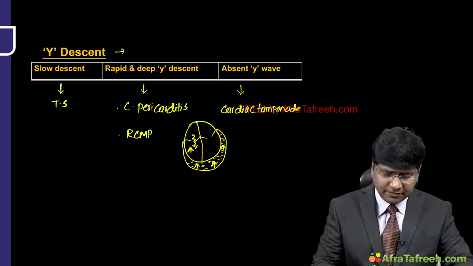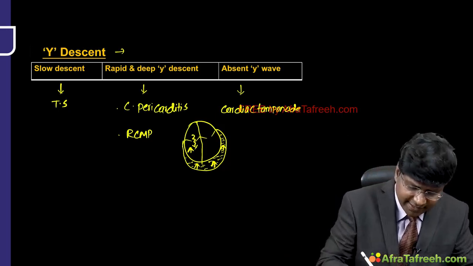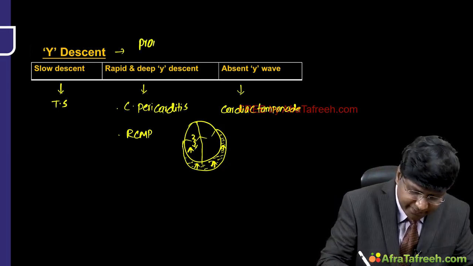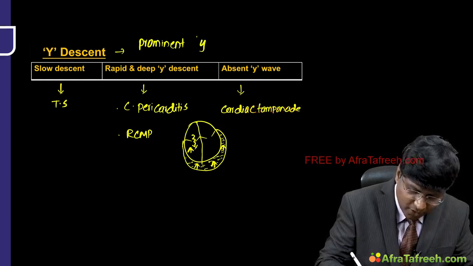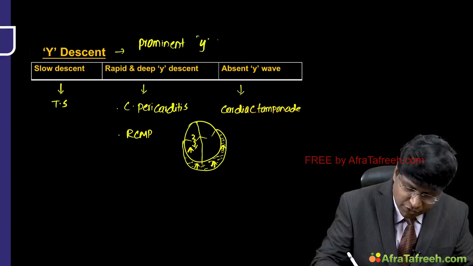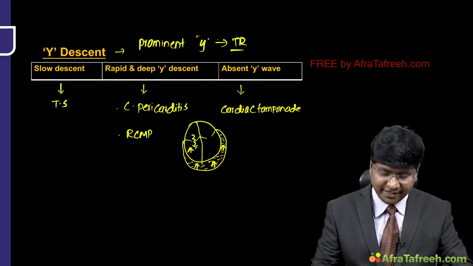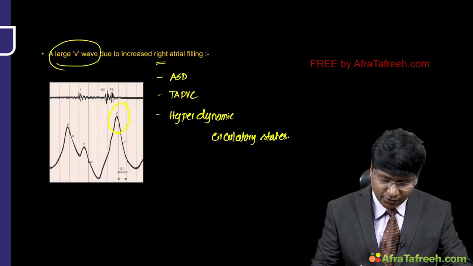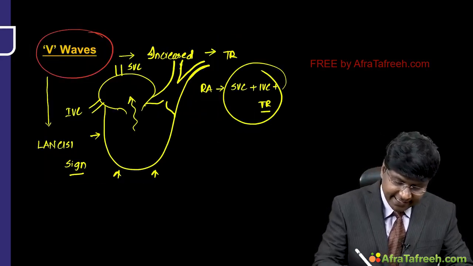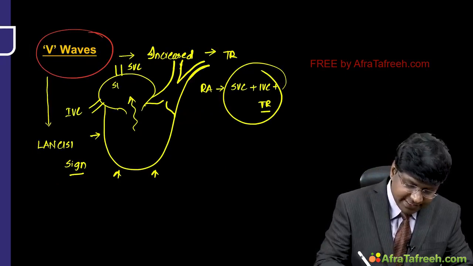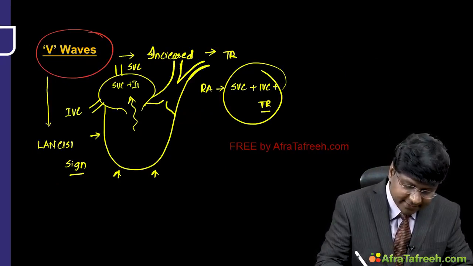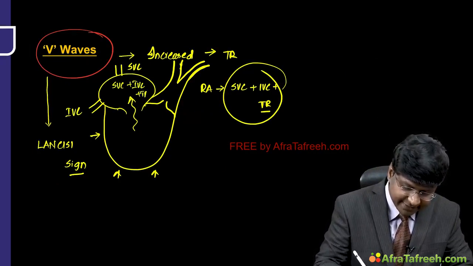Okay. Now, what are the conditions where you will have a prominent Y descent or rapid Y descent? So prominent Y descent, you have that in tricuspid regurgitation. Why? Because in tricuspid regurgitation, just now we have discussed that the right atrium has SVC blood, IVC blood, and as well as the TR blood.